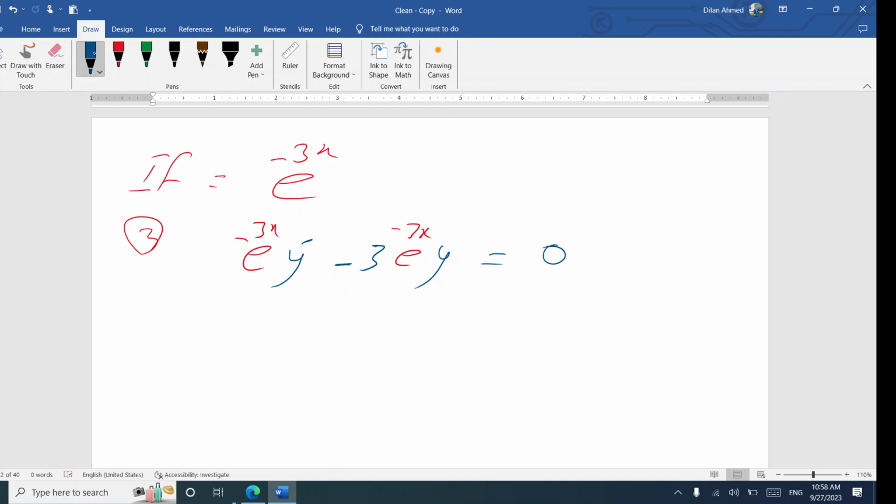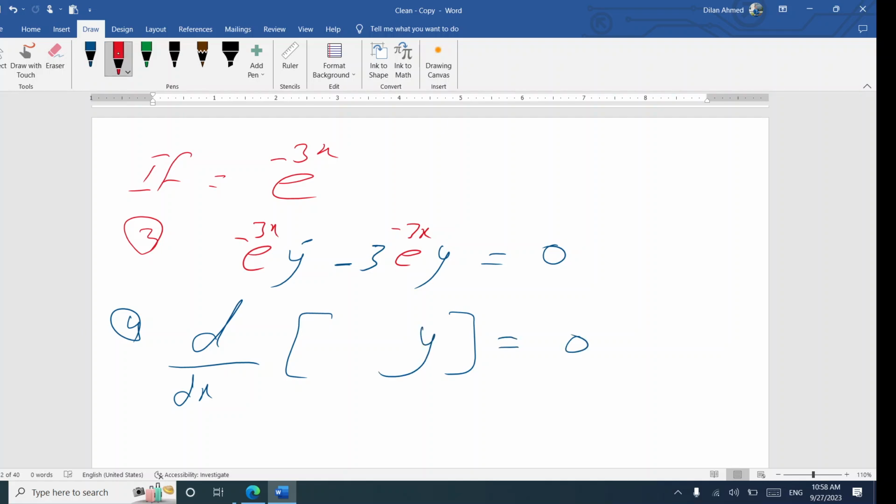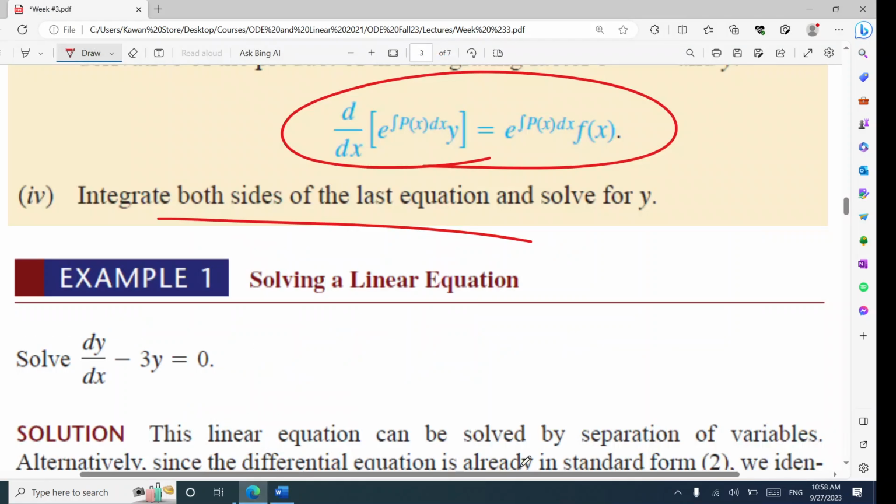Now, what shall I do? I told you we need to collect. How do we collect, dears? Write the integrating factor with y, usually. I told you, pay attention to that.